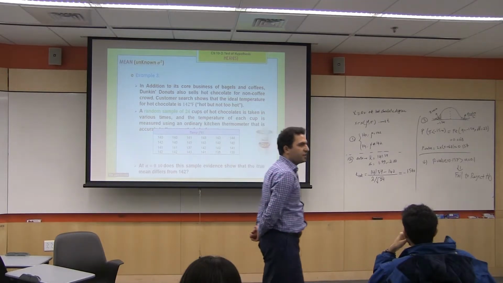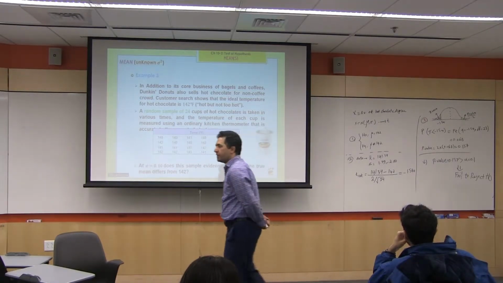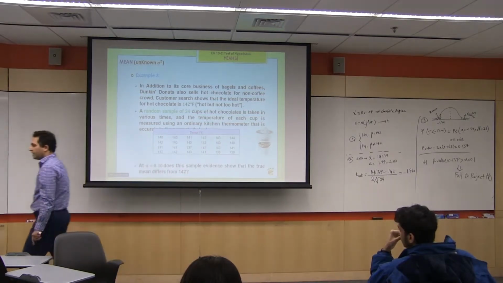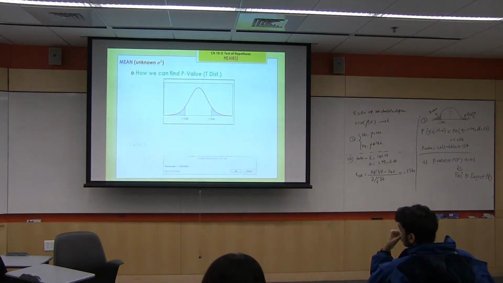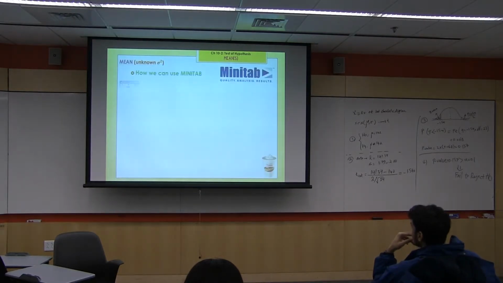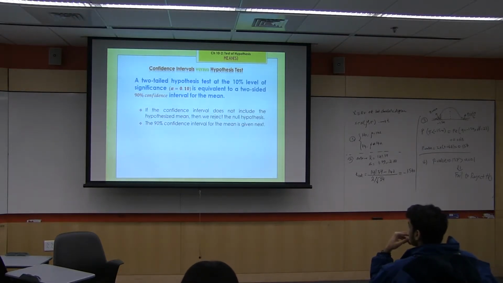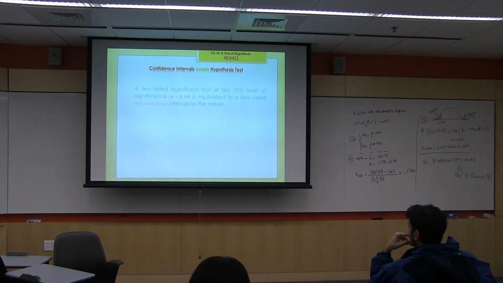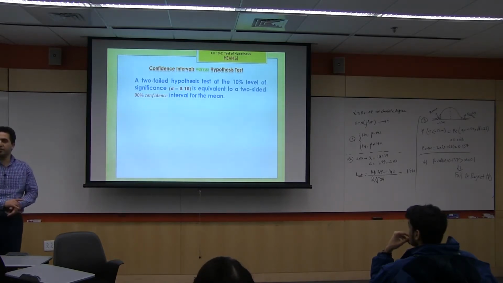That was all of the tests for the mean. We can also do the same thing for two means. Oh, one thing, it's very important. As I said earlier, there is no difference between a confidence interval and a test of hypothesis. If you want to answer the same question using a confidence interval, the confidence level is 90%.